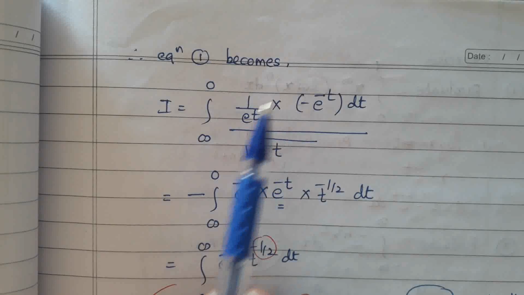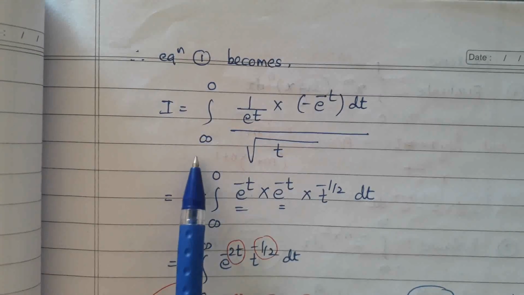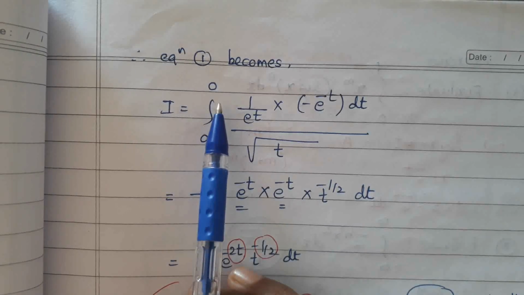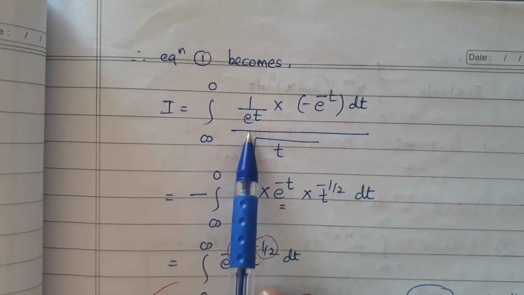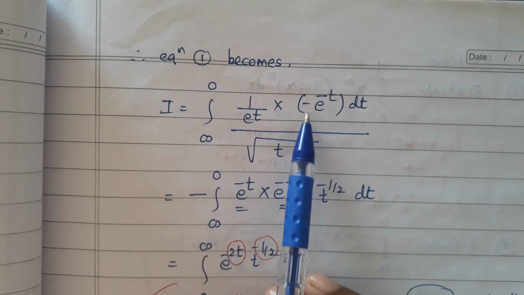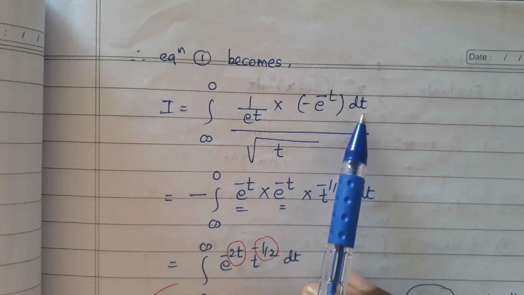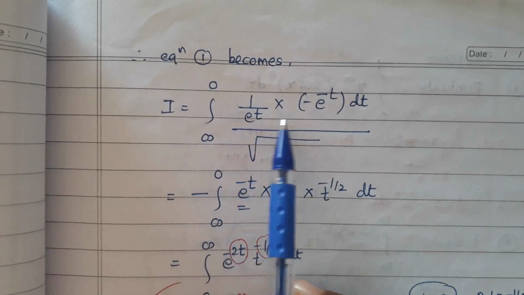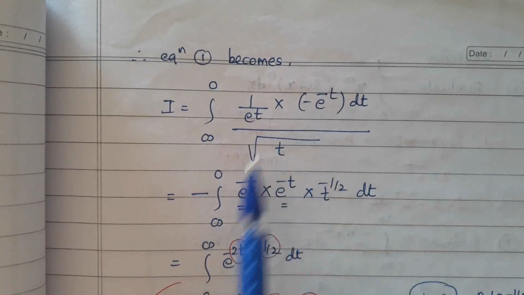So equation number 1 becomes I is equal to integral, limits 0 to 1 become infinity to 0. x is equal to 1 upon e raised to t into minus e raised to minus t dt. dx is there and under root of t. Absorb the negative sign.